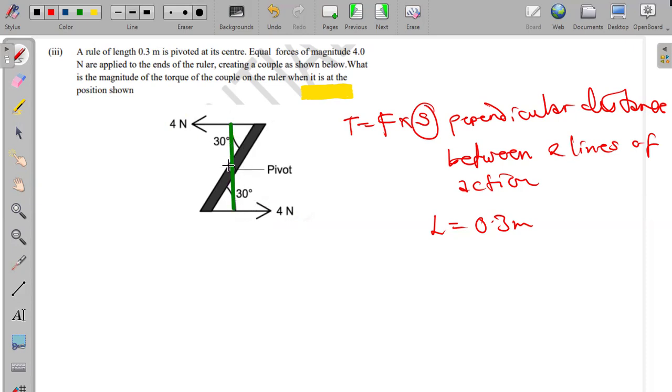So we can just basically use SOHCAHTOA, since we know this is 0.3. If I divide this by 2, I'm going to get 0.15 meters from that particular point up to that one end.